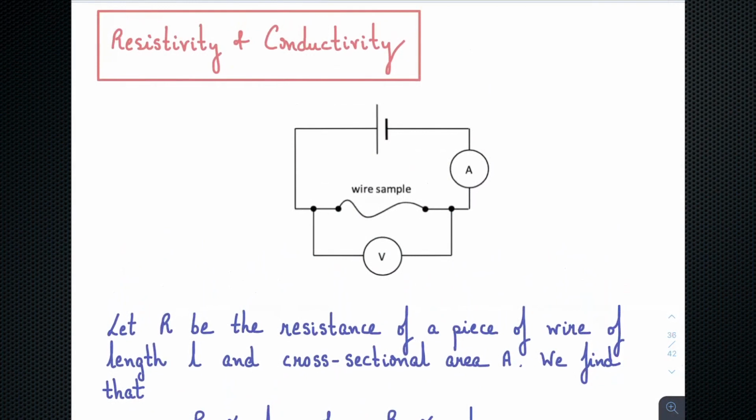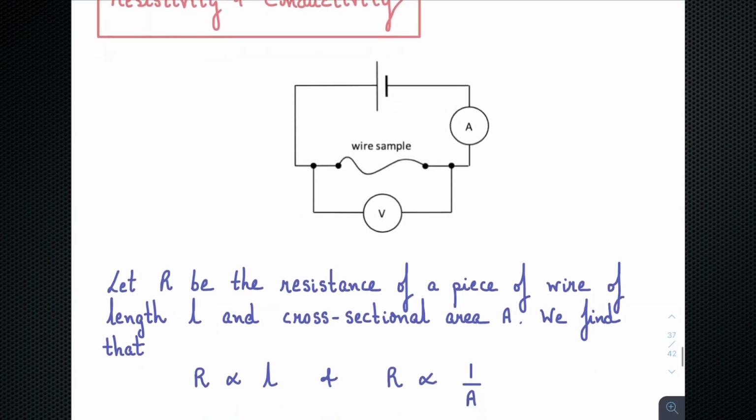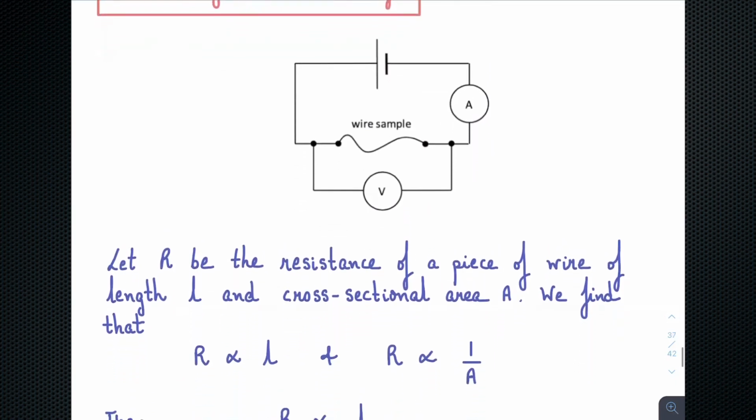Let us now consider a simple circuit where various wire samples of different lengths and cross-sectional areas can be investigated. We find that the resistance R of the wire sample varies proportionally with length and inversely proportional with cross-sectional area.